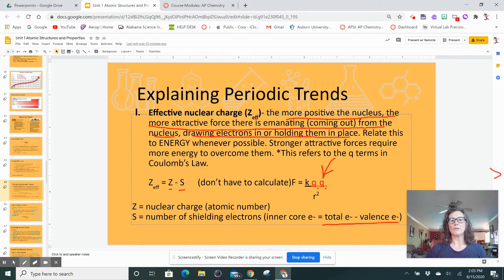So your Z effective is your nuclear charge, your atomic number, minus basically your valence electrons. The higher the Z effective, the more positive the nucleus, then the stronger the force of attraction is going to be.